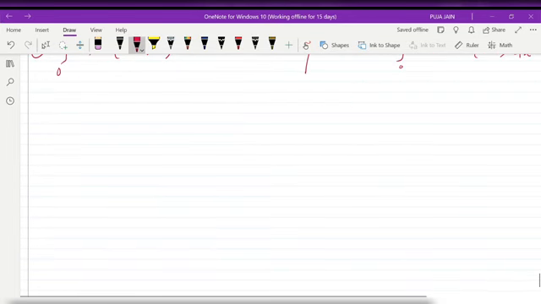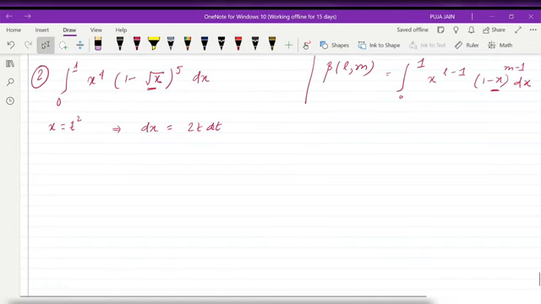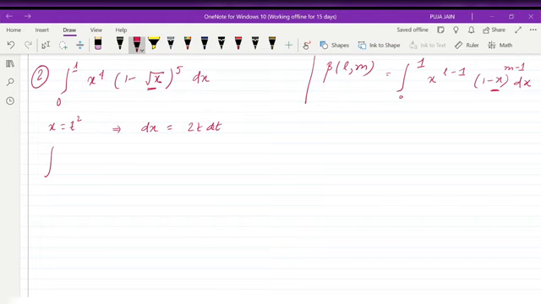Now you see here it is x and here it is root x. So we will substitute x is equal to t square. So dx is equal to 2t dt.